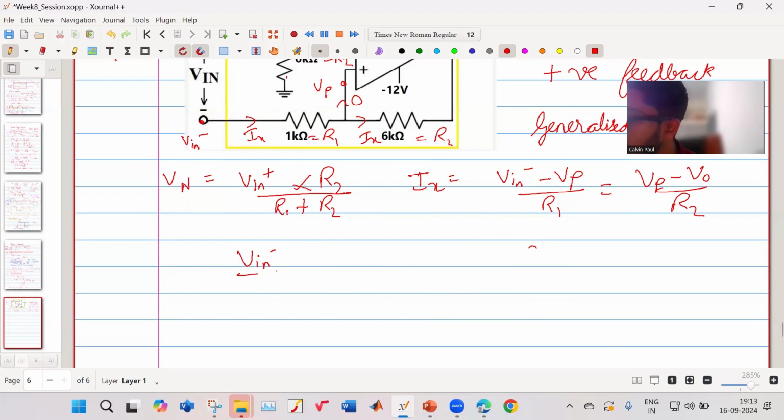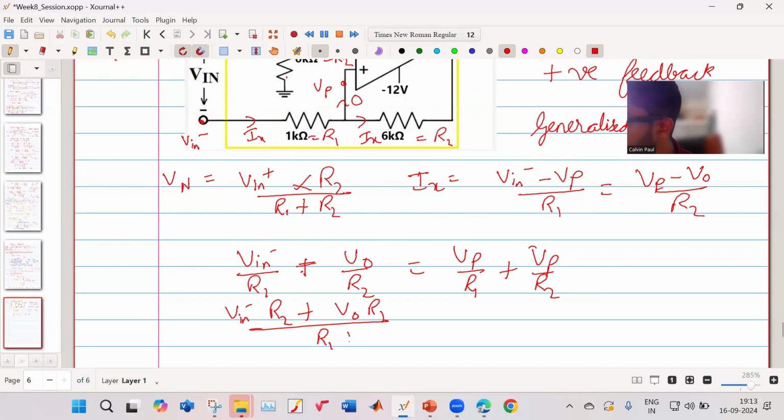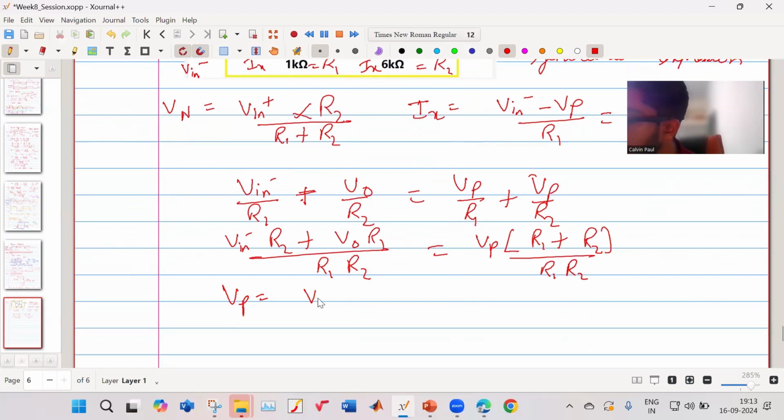So I have (Vin minus) upon R1 plus V output by R2 is equal to Vp upon R1 plus Vp upon R2. So (Vin minus into R2 plus V output into R1) upon R1 into R2 is Vp into (R1 plus R2) upon R1 into R2. So this is my Vp is equal to (Vin minus into R2 plus V output into R1) by (R1 plus R2).